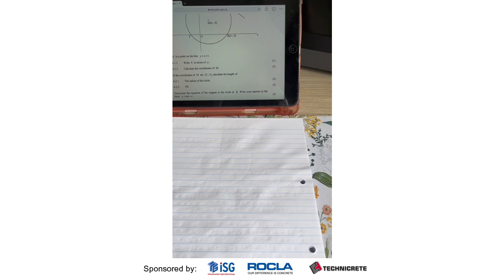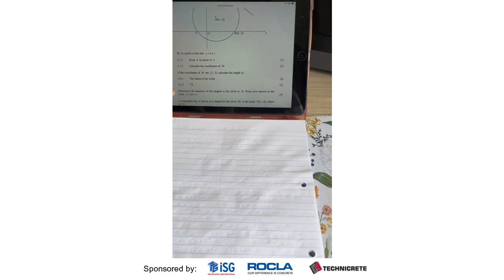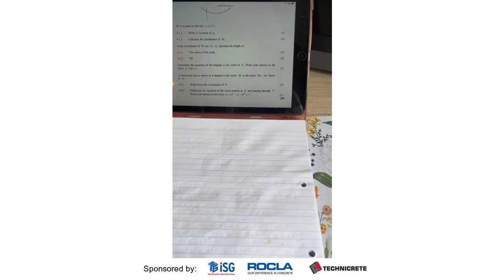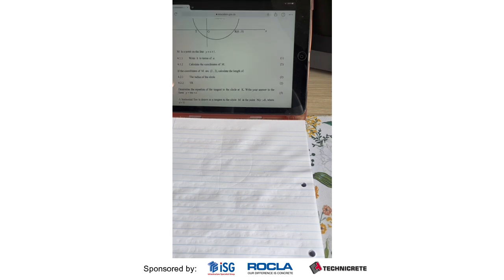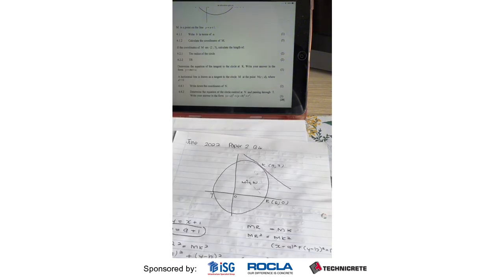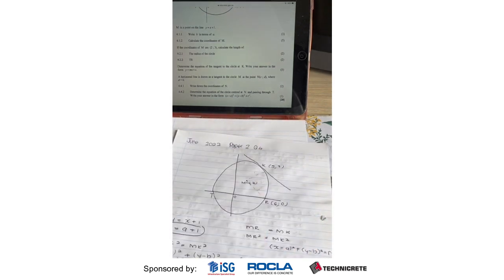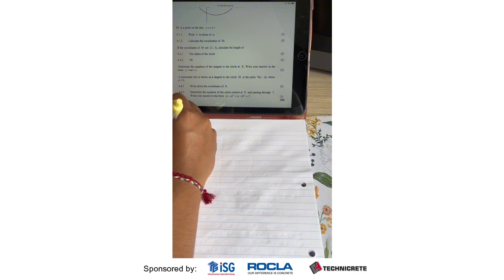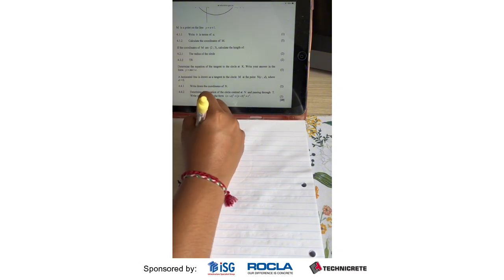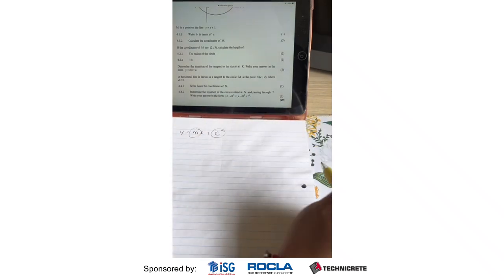Let's now take a look at 4.3. 4.3 says determine the equation of the tangent to the circle at K. Write your answer in the form y is equal to mx plus c. So they're wanting you to determine basically the formula for the tangent at K, which is what we have here. So firstly, for this question 4.3, y is equal to mx plus c, two things that we need: gradient and c-intercept.